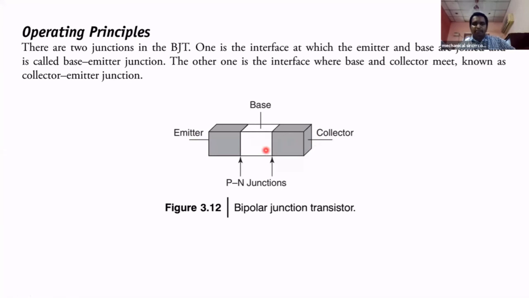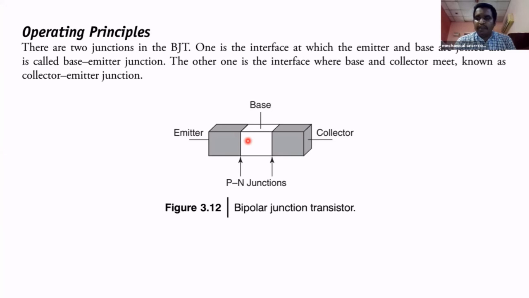Suppose the emitter is P type, the collector is also P type, but the base is made with a different material, N type. Or suppose the emitter is N type, the collector is also N type, but the base is P type. The base is different from the collector and emitter.